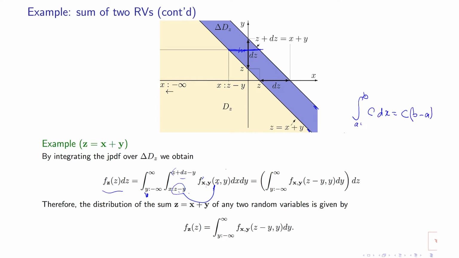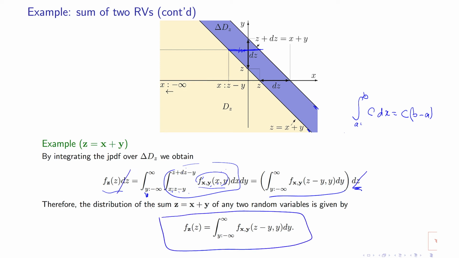So if this dz is very small such that this function is constant in this interval, the inner integral is equal to this function at this value times the difference. The difference of the upper one and lower one is dz, which is constant and comes outside of the integral. Now you can simplify both sides of this integral, and you get this one. This equation gives you the PDF of the sum of any two random variables.